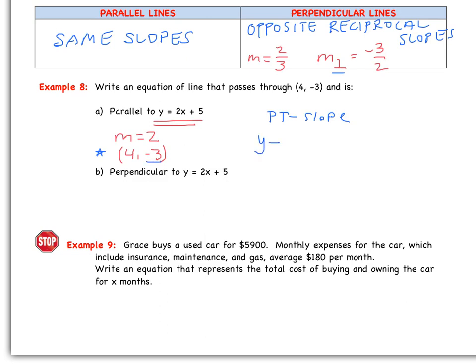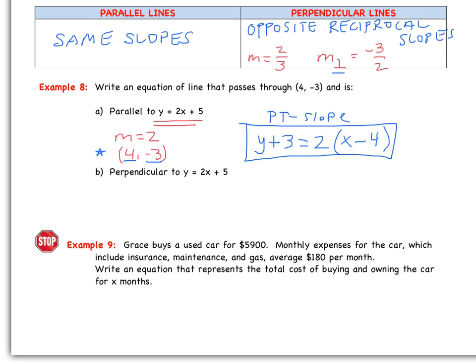Well, y1 is negative, so it's y minus a negative 3, which is like saying y plus 3, equals our slope, 2, times the quantity (x minus x1), which is positive 4 there. So there's our equation, and again, no need to write it in a different form.